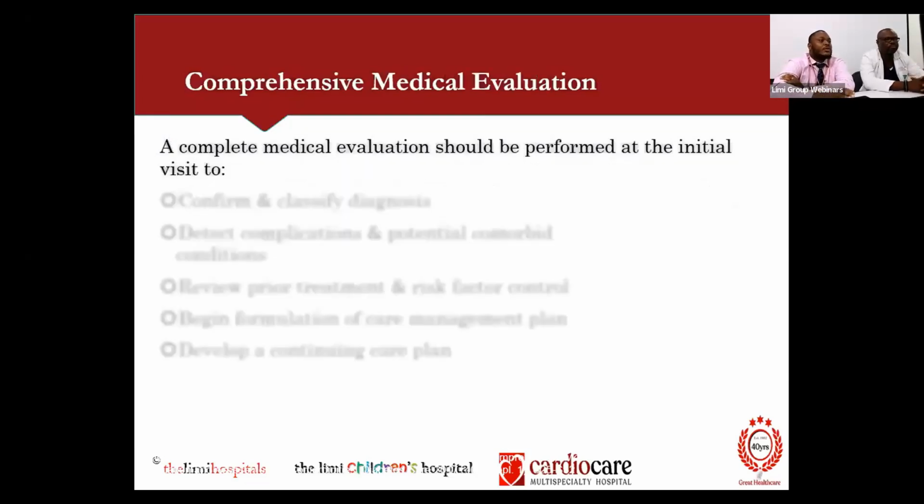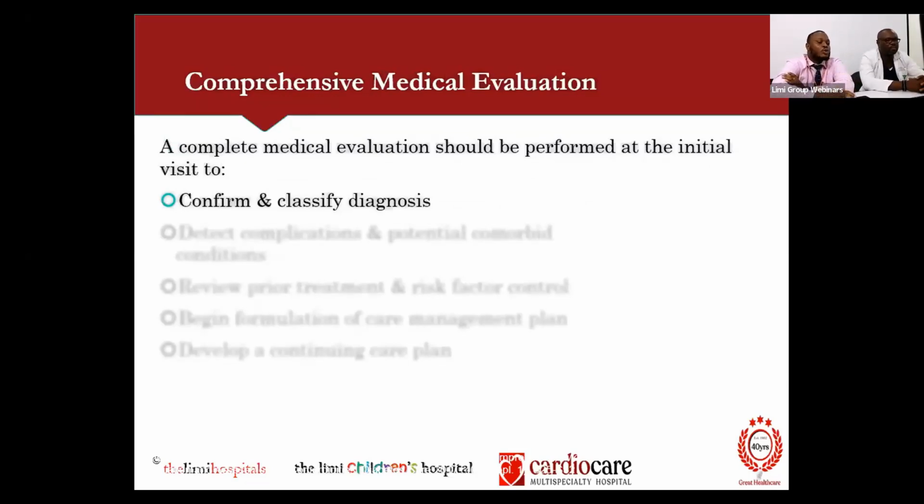Okay. Like we mentioned, this presentation is going to be holistic, talking about everything from diagnosis to investigations to treatment to follow-up. When a patient comes to your clinic and you are initially consulting that patient, you want to first confirm and classify the diagnosis.